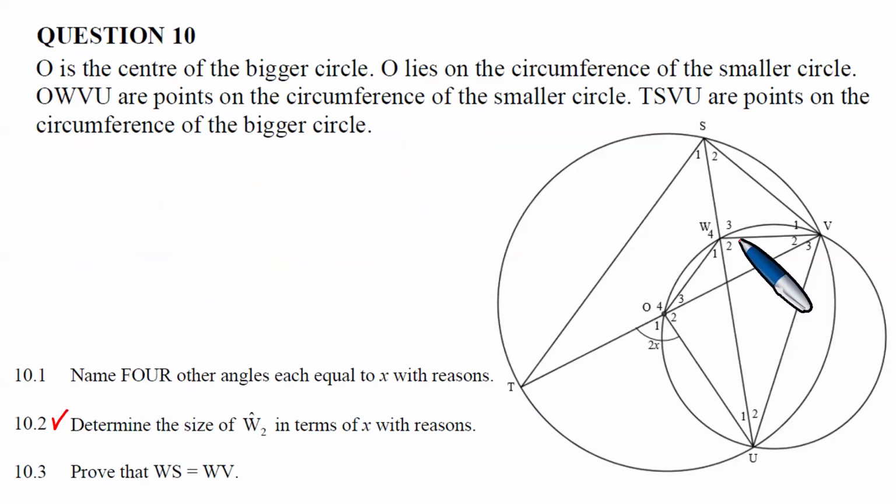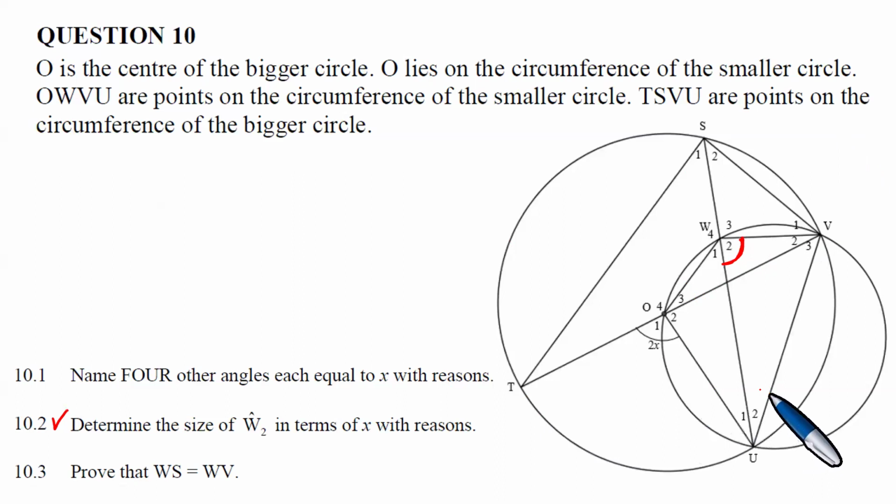Where is W2? This one here. We want it in terms of X with reasons. What do we say? You have 2 minutes.